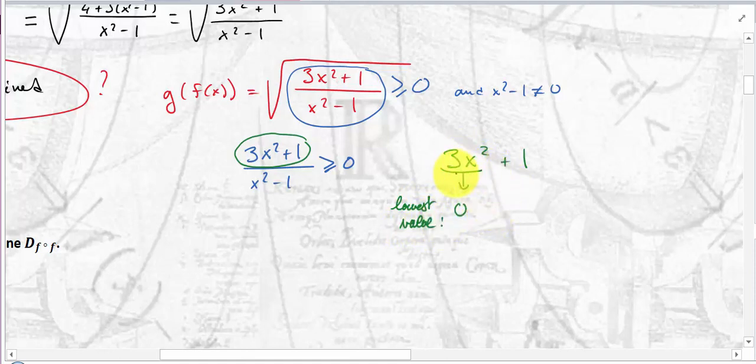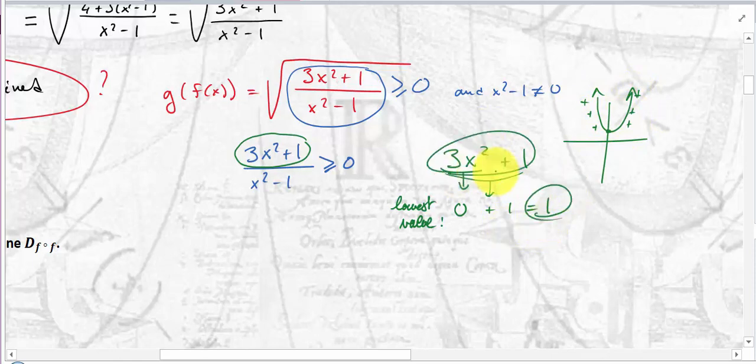So the lowest value of 3x squared plus 1 is going to be 0 plus 1, which is 1. Another way of saying that is, if you look at the parabola 3x squared plus 1, the vertex is at (0, 1) right here, and the parabola is concave up. So basically, it's always positive. The parabola is always positive. It's never equal to 0. That's what I'm saying right here. 3x squared plus 1 is always above or equal to 1.